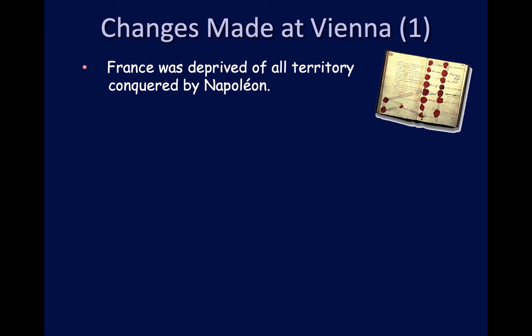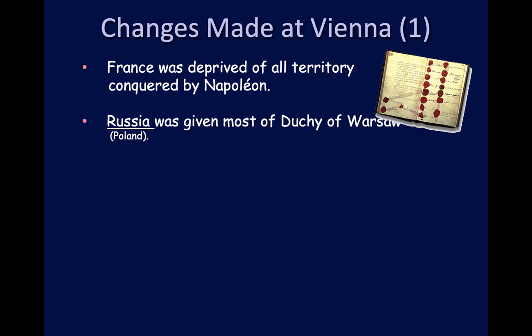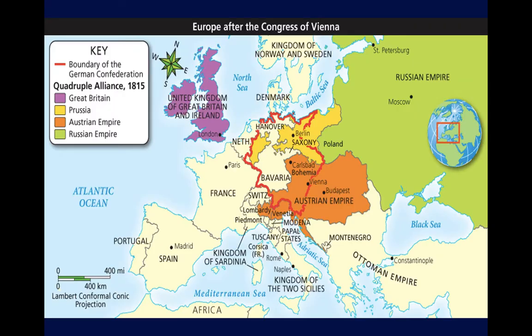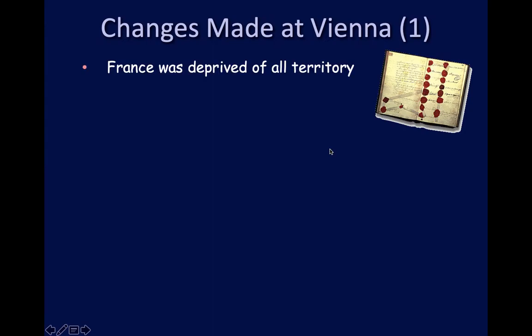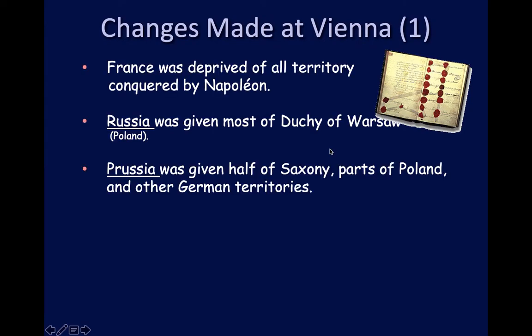So we're going to reduce France's territory, any land that Napoleon had taken. Russia's actually given some territory in Poland, which I had failed to mention to you guys, but Poland, as we said, back in 1795 was erased from the map. You can see Poland here. So Russia's given territory. Prussia's given some other territory, what's called Saxony. Now, we covered Saxony when we covered Martin Luther, but this is German territory.